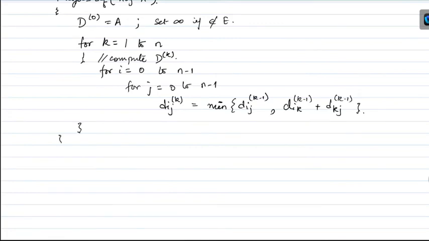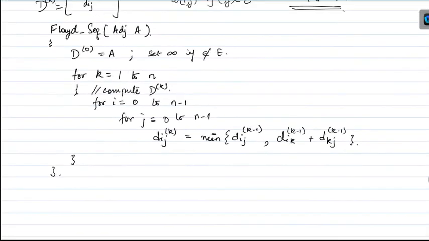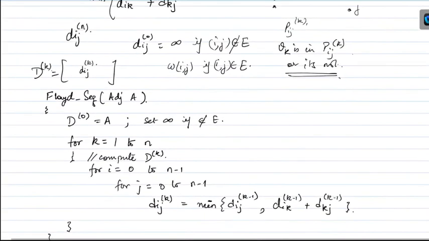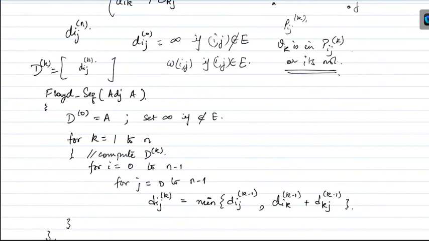Given this setting, shouldn't our vertex number start from 1? Shouldn't vertex number start from 1 to n instead of 0 to n minus 1? Because our base case is dij^0, so basically I don't have any intermediate vertices. That's a good point.